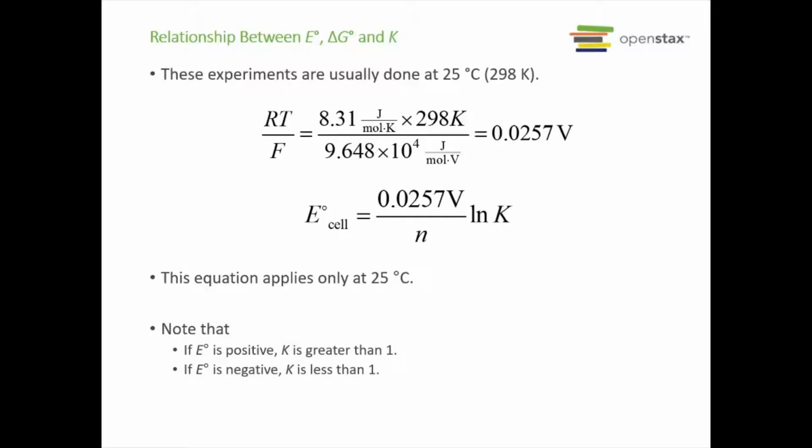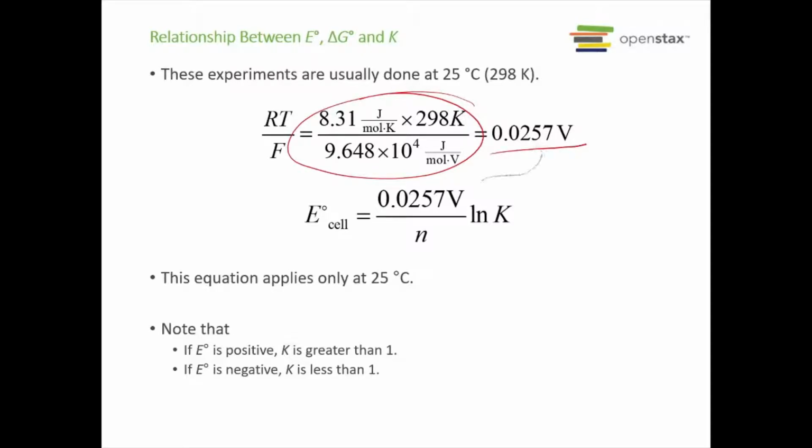So when these experiments are done at 25 degrees C or 298 Kelvin, RT over F is basically just three standard values. These are 3 constants. So you can just combine the 3 of them and use 0.0257 volts.